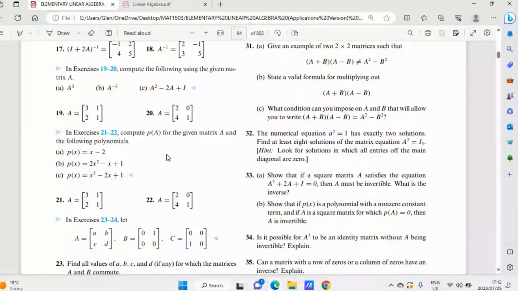And the matrix entries are in the first row 7 and 0, and in the second row 20 and 8. Are we agreed? I got 20 and 2, second row.